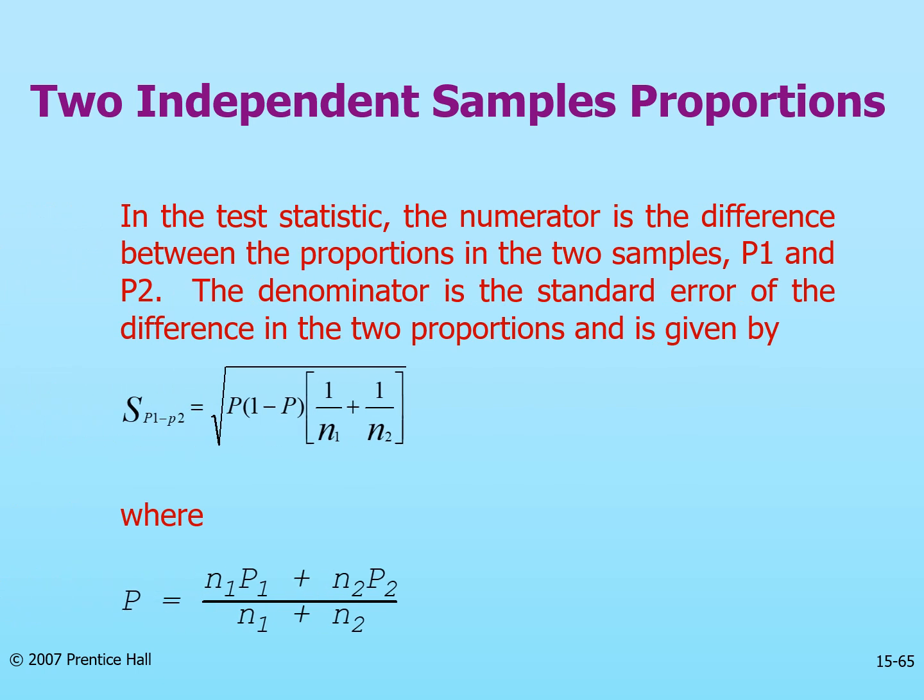In the test statistic, the numerator is the difference between the proportions of the two samples, P1 and P2. The denominator is the standard error of the difference in two proportions, given by the square root of P times 1 minus P, times 1 over N1 plus 1 over N2, where P is the combined proportion, that is N1 P1 plus N2 P2 over N1 plus N2.